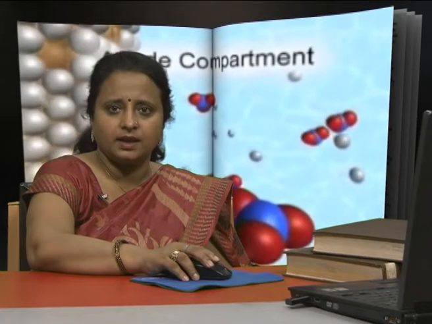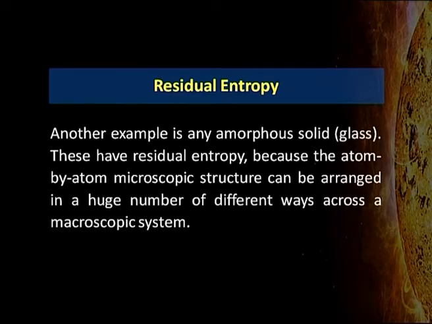Another example is any amorphous solid like glass. These have residual entropy because the atom by atom microscopic structure can be arranged in a huge number of different ways across a macroscopic system.